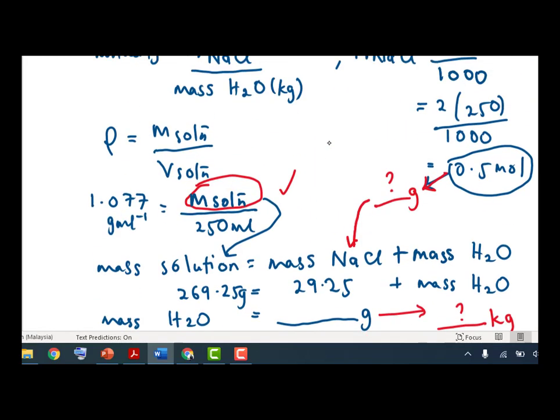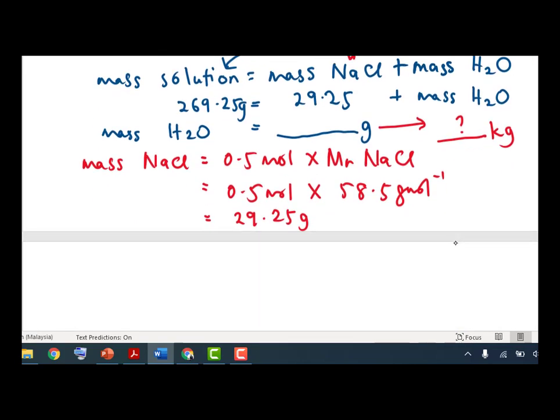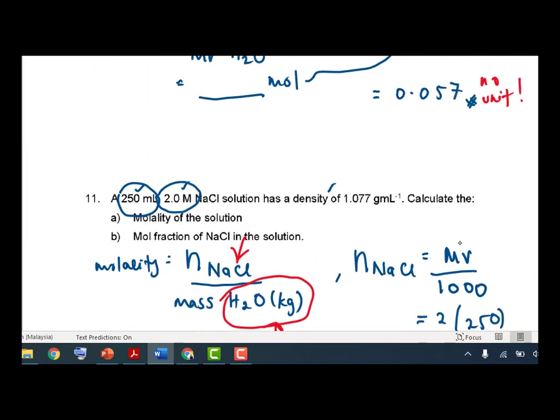Because the molality must consider the mass of water in kg. So what is the answer? Question A, the answer is 2.083 mole per kg, or lowercase m, or the word molal. So this is the answer for 11A.